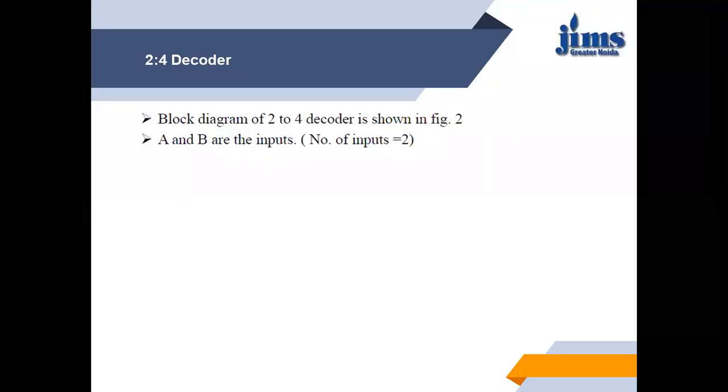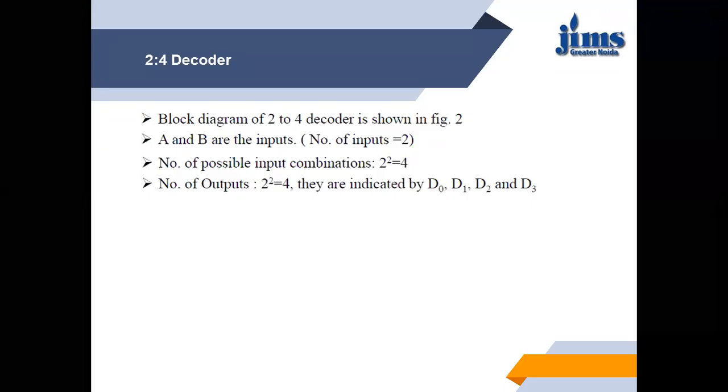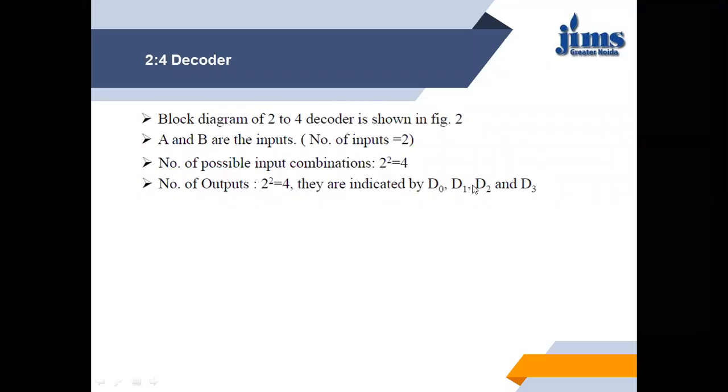Suppose it has 2 inputs and I have named them A and B. Number of possible input combinations are 2 raised to the power 2 equals 4. So there will be 4 outputs. And we have named the 4 outputs as D0, D1, D2 and D3.